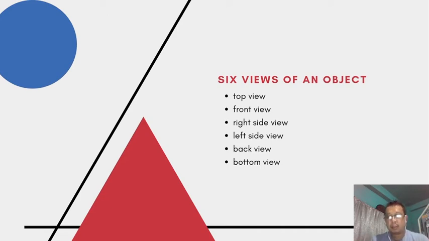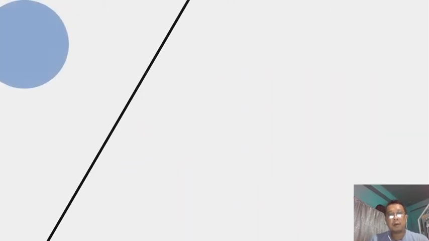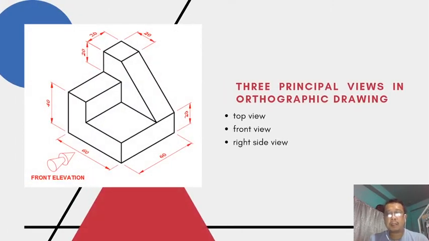But since we are on the orthographic drawing topic, there are only 3 principal views in orthographic drawing. Number 1, the top view. Number 2, the front view, and number 3, the right side view. On the left side of your screen, we see a presentation of an isometric drawing.